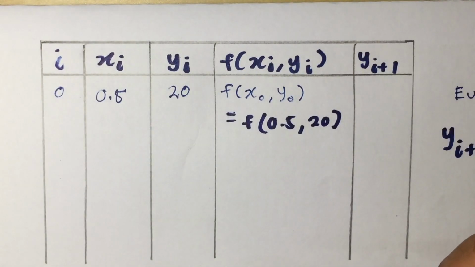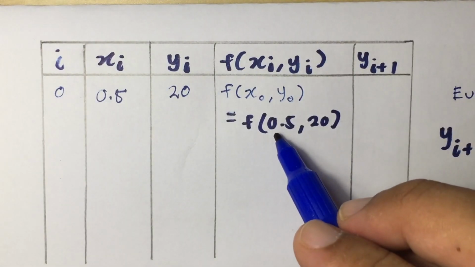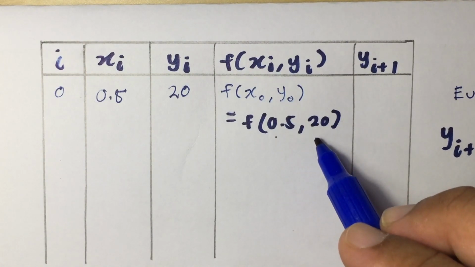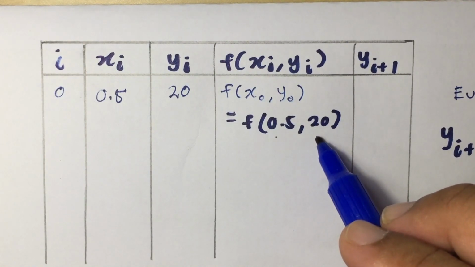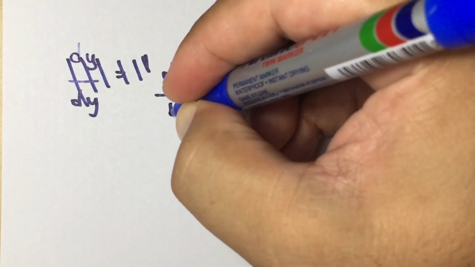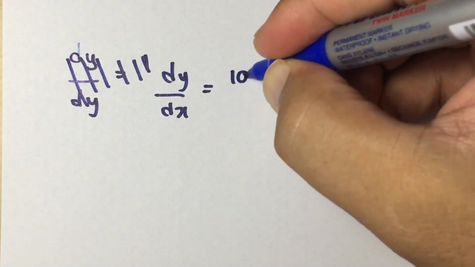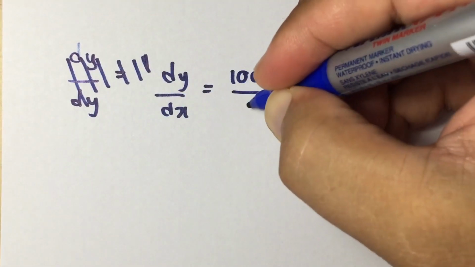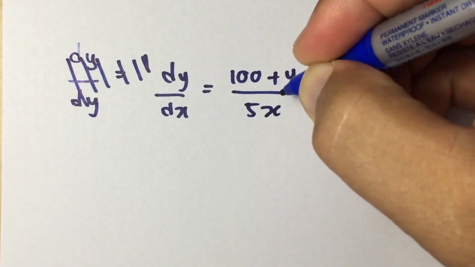How to calculate it? You simply substitute these values, x equal to 0.5 and y equal to 20, into the ODE that you rearranged previously: dy/dx is equal to (100 plus y) over 5x.